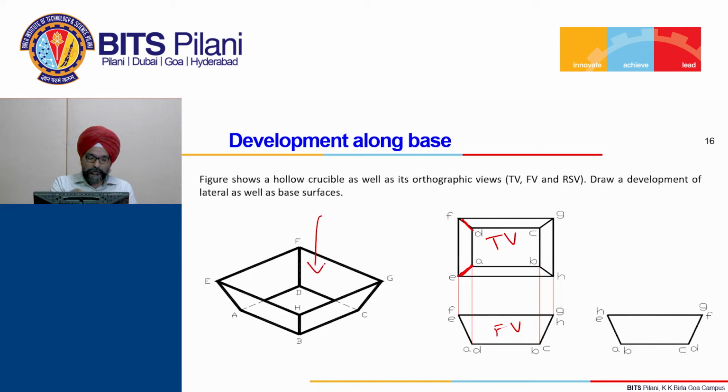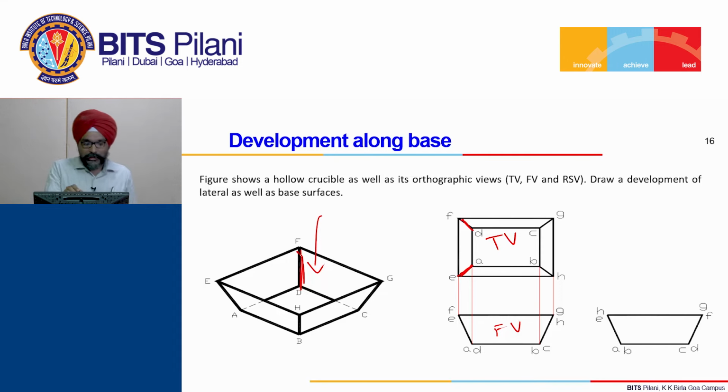From the top, when we view, this edge will be visible, but otherwise these slant edges which I have marked here, for a real solid they will not be visible; they will be hidden and have to be shown by a dashed line. But in this case they are visible because of the hollow solid. Okay.